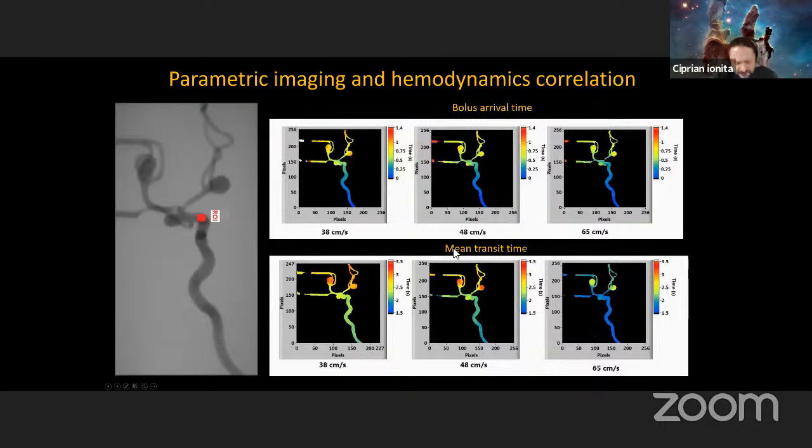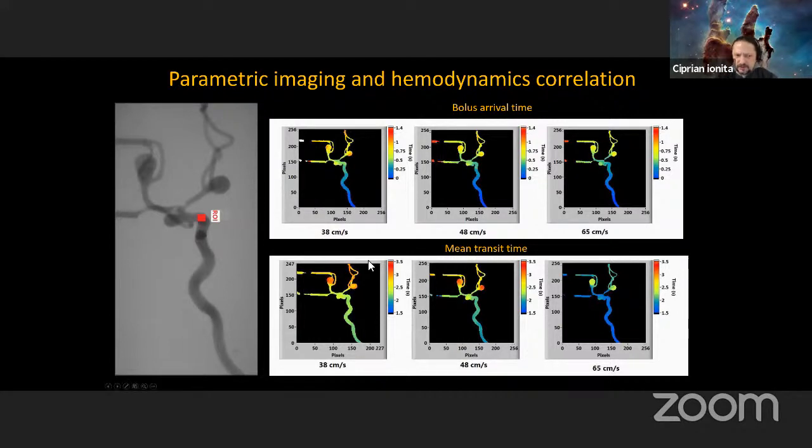So the question is, are these parameters related to the hemodynamics? I showed you that the patterns are, but are the values? Here we did lots of experiments where we really confirmed that mean transit time and bolus arrival time are related to the velocities, because we have pumps that can control this.